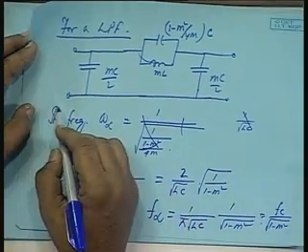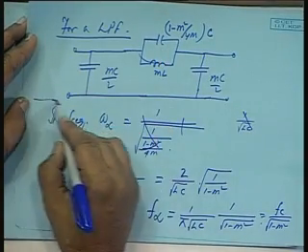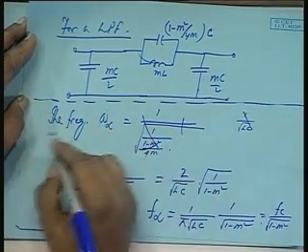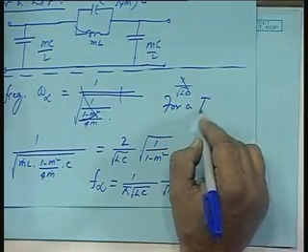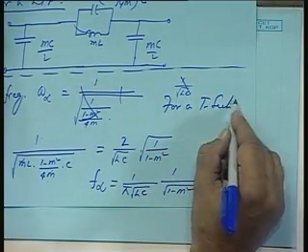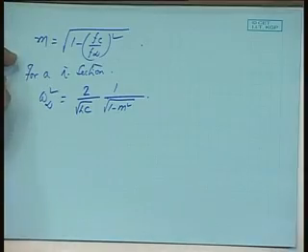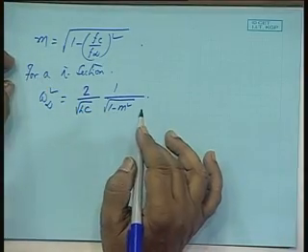This was for a T section, this was for a T section, and this is for a pi section.